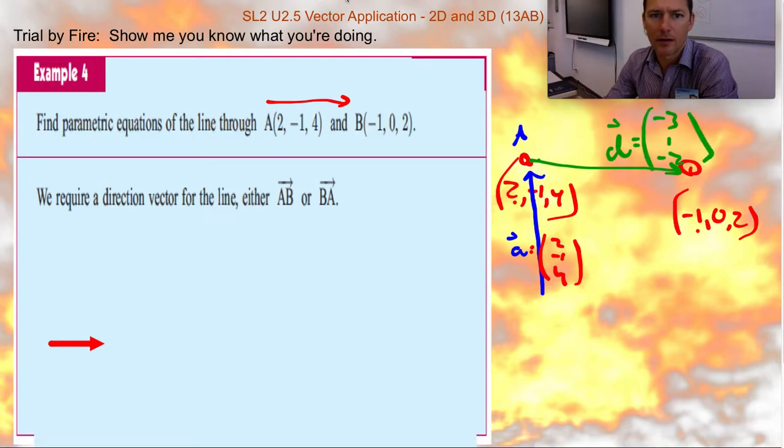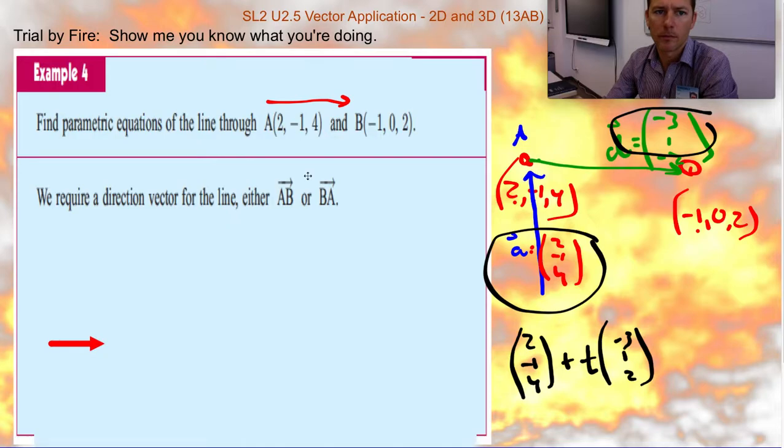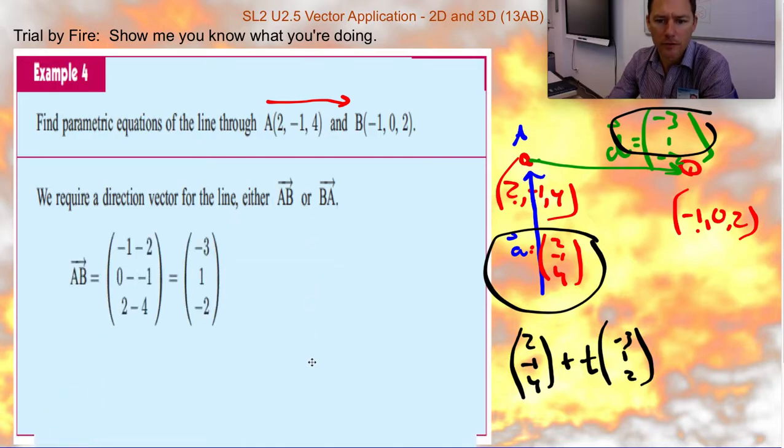So we're going to take this piece and this piece and say, okay, first move to 2, -1, 4, and then move t times -3, 1, and -2.